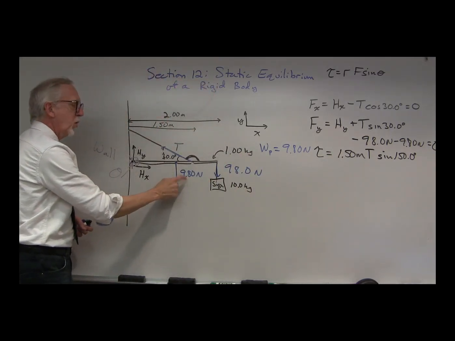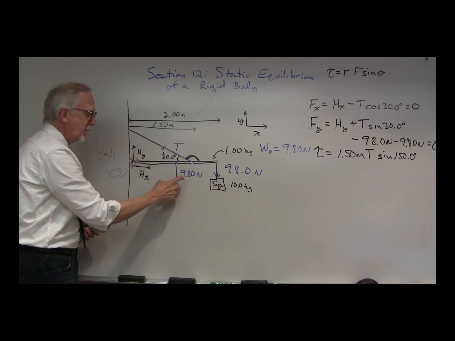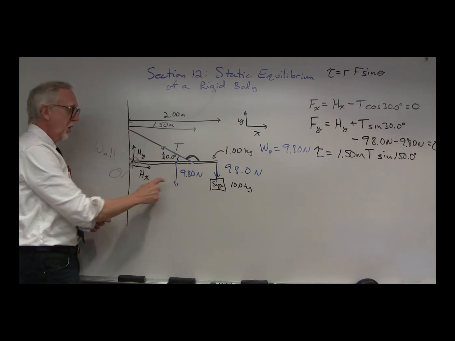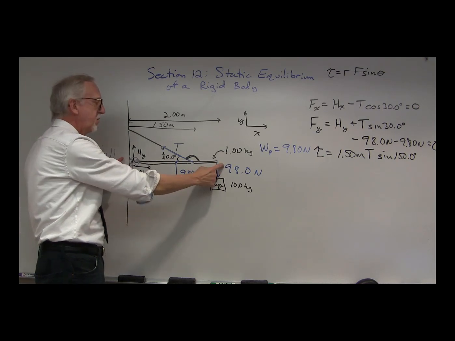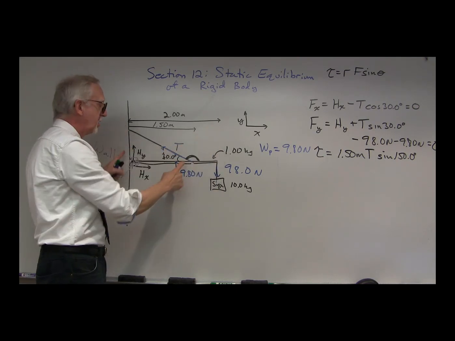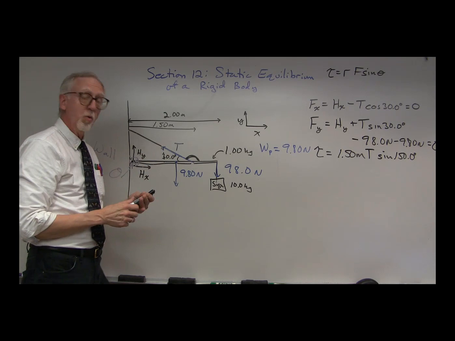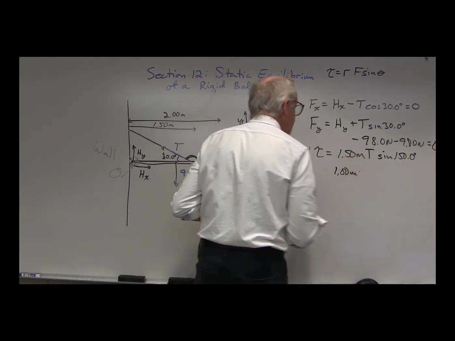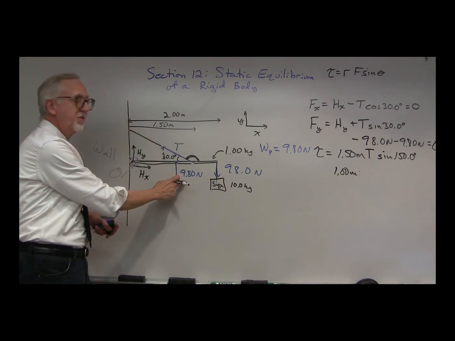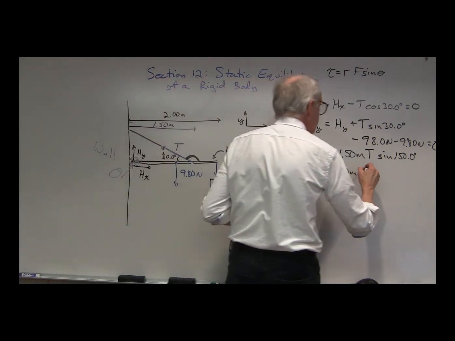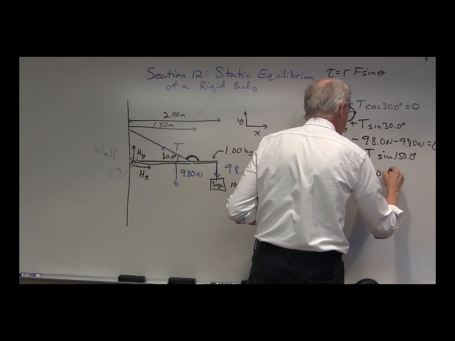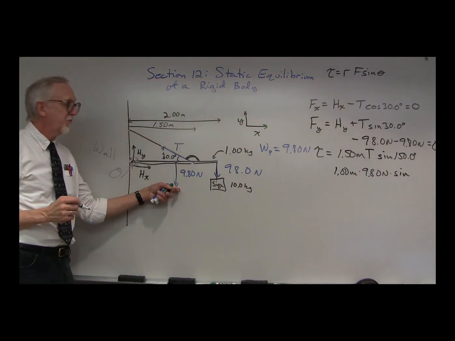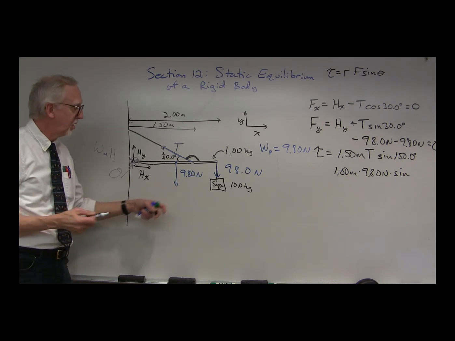All right, what about the weight of the sign? Not the sign. What about the weight of the pole? Sorry. What is R for the weight of the pole? Well, the force is at the center of the pole, and the pole is 2 meters long, so what is R? R is 1 meter, times the force, which is 9.80 newtons, times sine, and what is the angle between R and F for the weight of the pole?